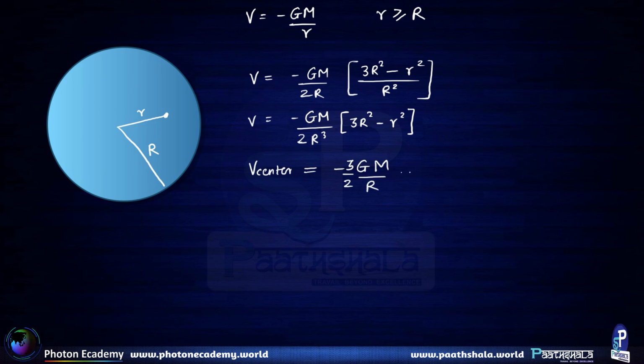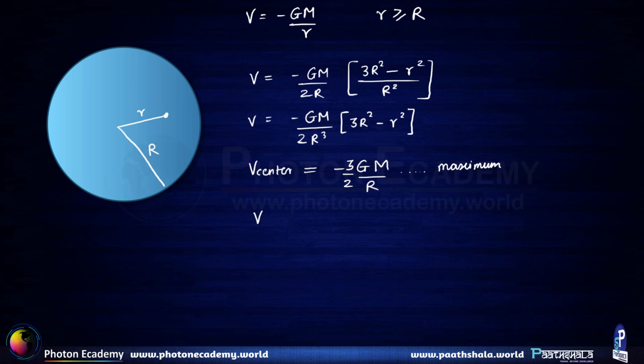So this potential is maximum in magnitude at the center, because the gravitational force has done all the work it can do to reach the center.